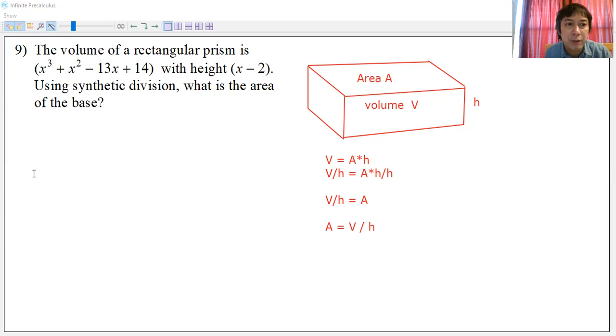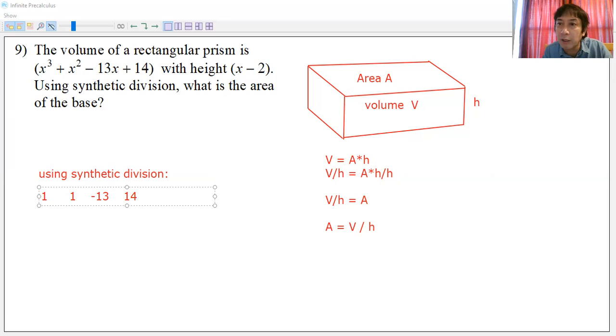So using synthetic division, we have the coefficients of the dividend, the volume. That'd be 1 for the x cubed, 1 for the x squared, negative 13 for the first degree x, and then 14 for the constant there.